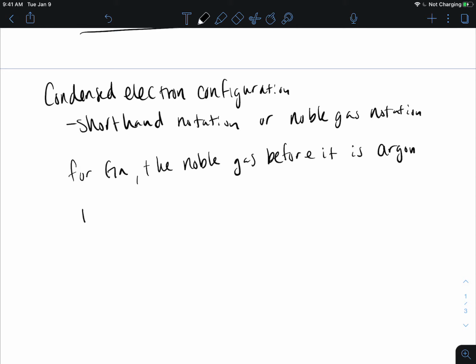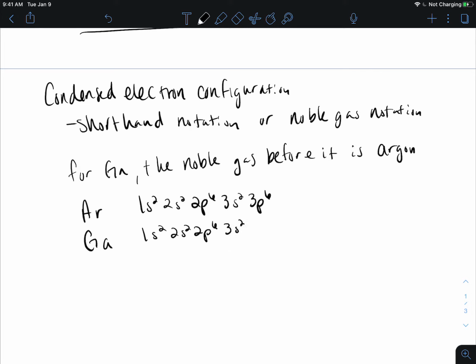Argon is 1s2, 2s2, 2p6, 3s2, 3p6. Gallium is 1s2, 2s2, 2p6, 3s2, 3p6, 4s2, 3d10, 4p1.